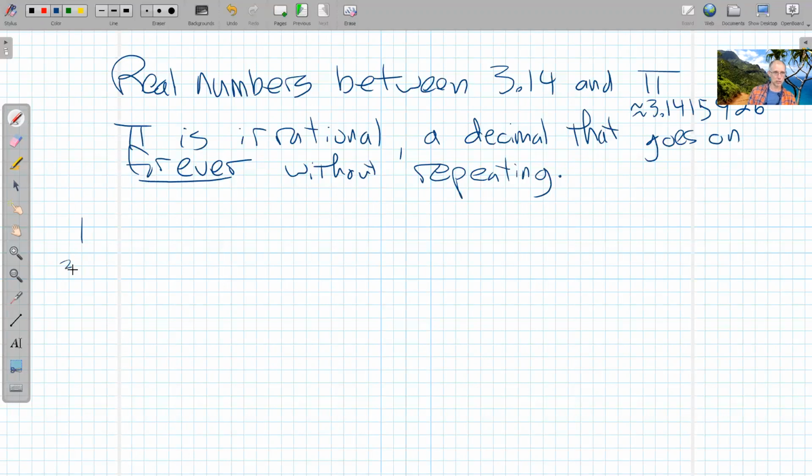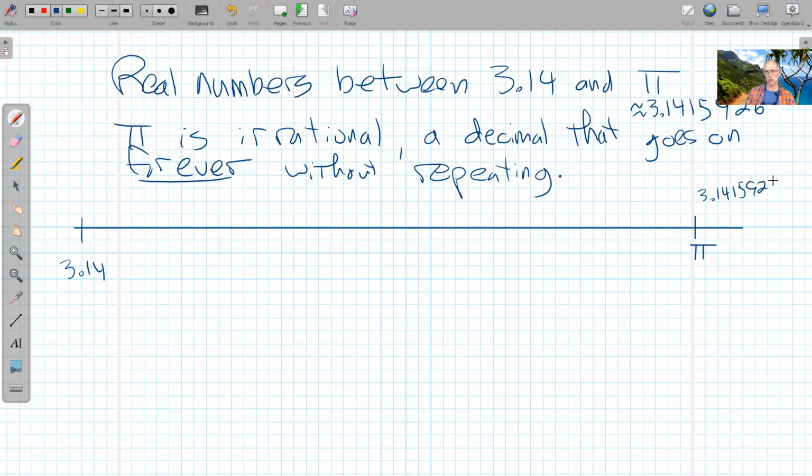Over here is 3.14. And then way over on the other side, let's draw a straight line, I would put pi. And then for now, I'm just going to call pi about 3.1415926. All right, so then I have to split up the number line here. Now I wanted 5 numbers in there.